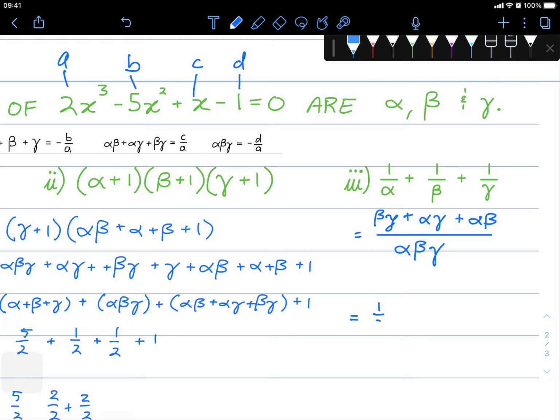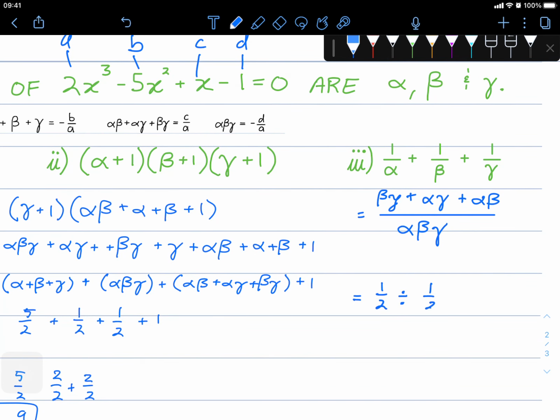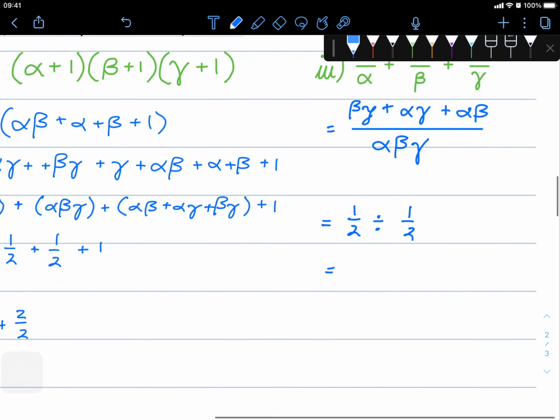So half over, so I've just changed this as a division. So this divided by this. So 1/2 divided by alpha beta gamma, which is negative d on a, so negative negative 1 on a. That's going to be positive half. Half divided by half is just going to be 1.